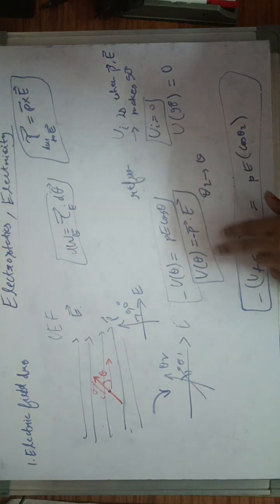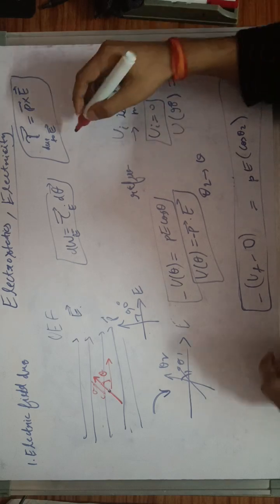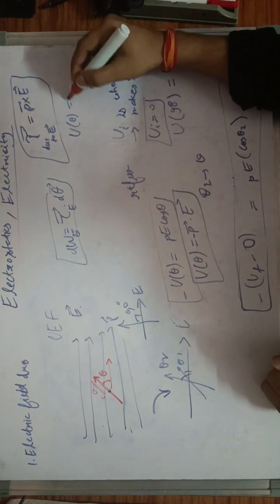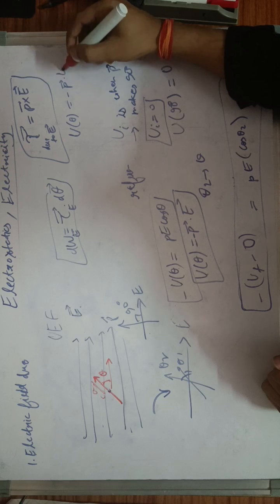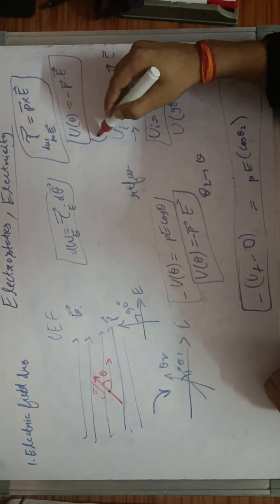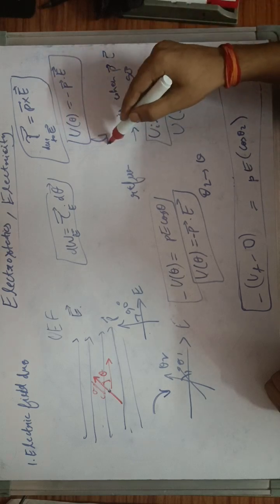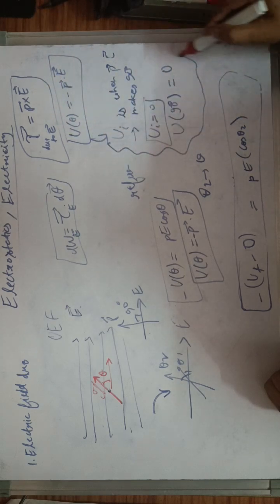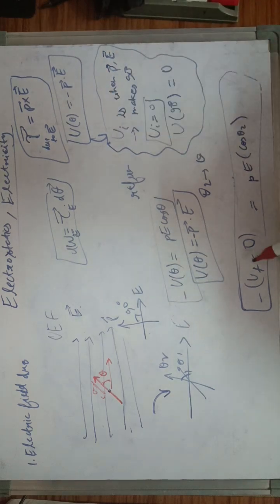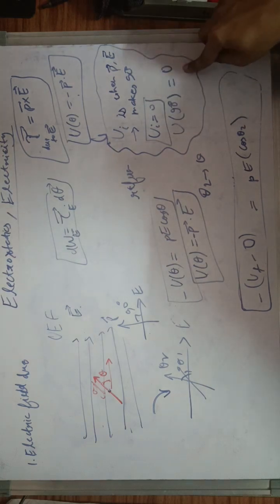So the potential energy at any angle θ can be written as U is equal to minus P dot E. Here I have taken this assumption, and it is important to note, only then can we derive this relation. So it is important to note that potential energy at 90 degrees is taken as 0 joule.